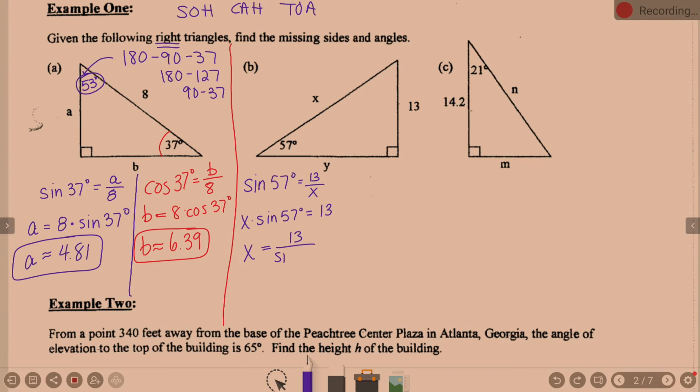So when we divide both sides by sine of 57 degrees, I end up with x equals whatever 13 divided by sine of 57 degrees is. Sine of 57 is the only thing in the denominator, so it shouldn't be a big deal to enter it on the calculator. But I would double check, make sure you can get the right answer.